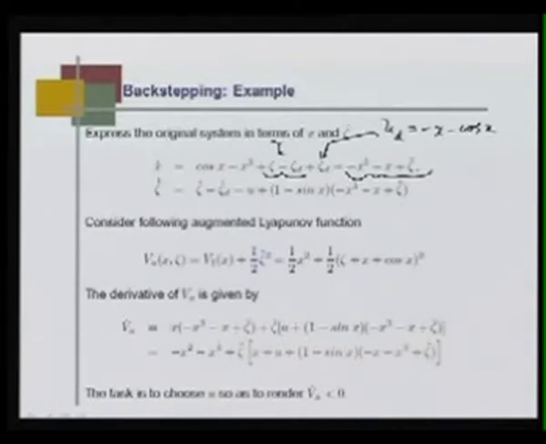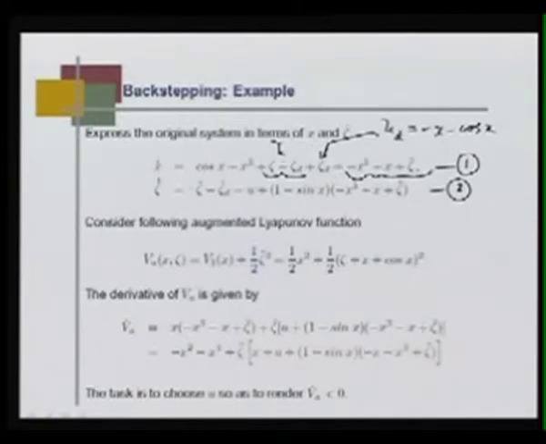So, this will be u plus 1 minus sin x into minus x cube minus x plus xi tilde. So, you now have these two: this is my subsystem 1 and this is my subsystem 2. We have to show whether this system is stable, and find what control action u I should choose so that the overall system is stable.